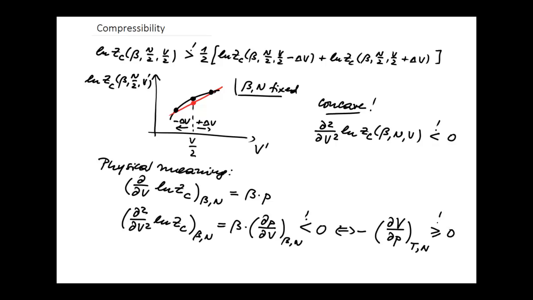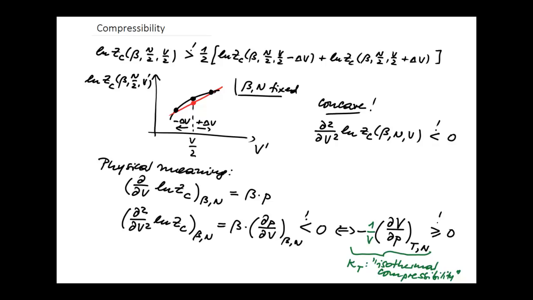And finally, it doesn't hurt to introduce an extra factor 1 over volume in front. Volume is always positive, so this doesn't change the condition. But then the left-hand side is just by definition the so-called isothermal compressibility.